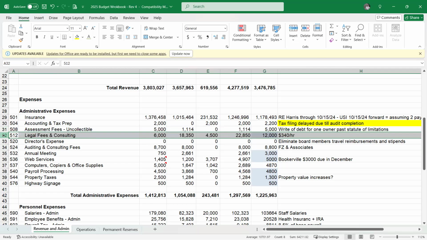Legal fees and consulting, we're quite a bit over budget. I don't have the notes right in front of me, but I've gone over this in board meetings. We've had quite a bit of unexpected legal fees. A lot of it had to do with the new Kiowa laws on collections. We had to work with legal on that to get it all put in place properly.